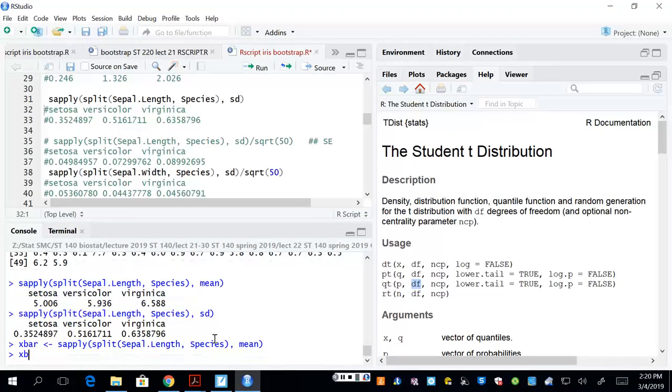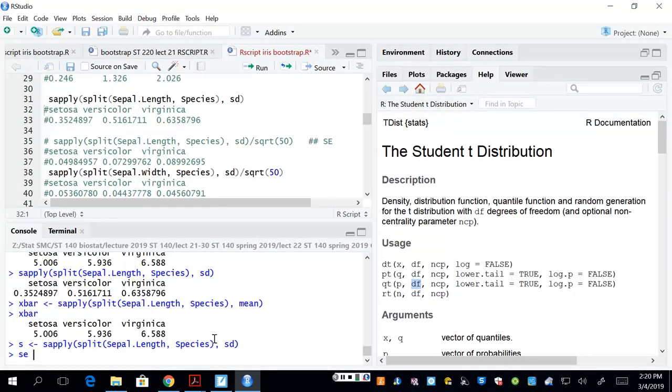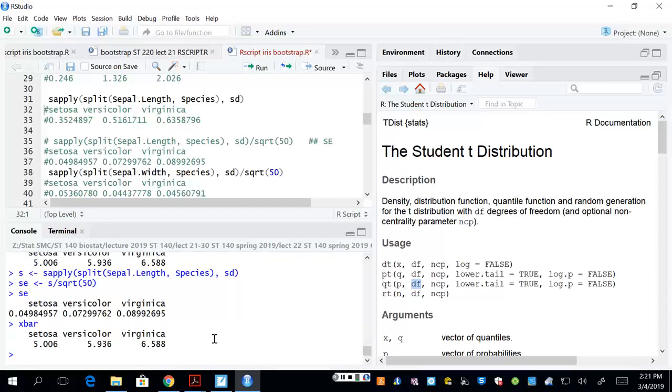So x bar is the averages. We can save S, the standard deviations. The standard errors should be, well, n is 50 for every one, so we'll just do that. So now we have 3 different standard errors and 3 different x bars.